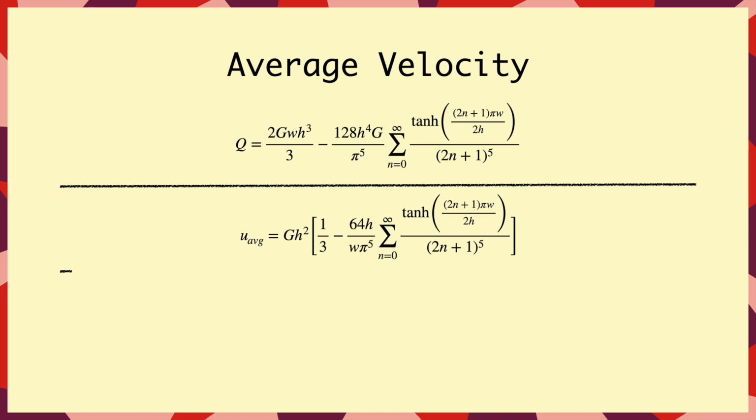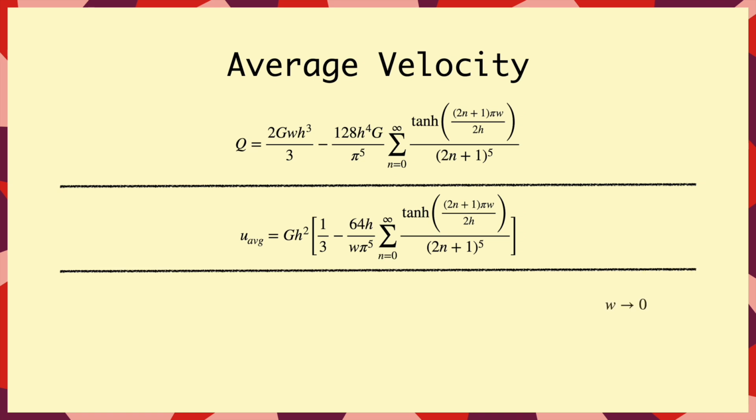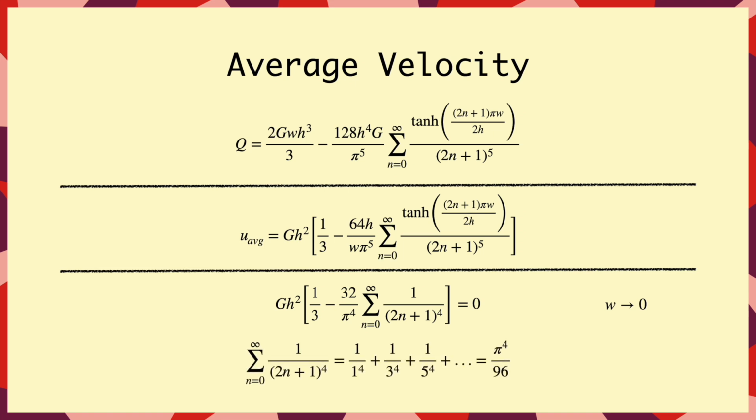Cancel some bits out, and we're left with this. And setting it equal to 0 gives us this infinite sum, the sum of 1 over (2n+1) to the 4 equals pi to the 4 over 96. Another really cool result. And both of these series are brand new to me.